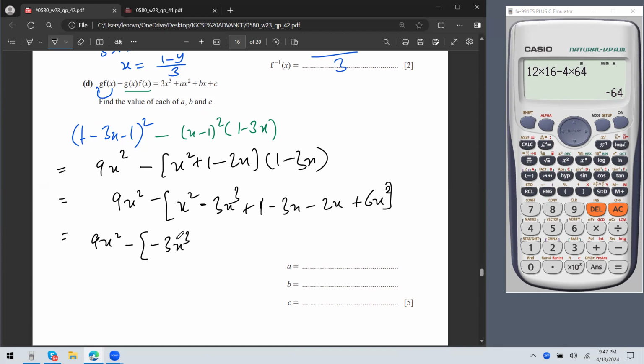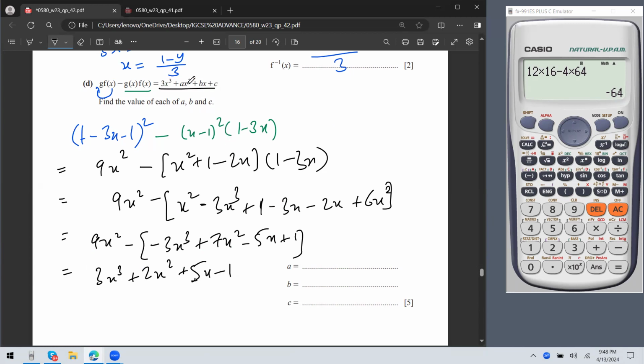Minus 2x cubed, 7x squared, minus 5x, plus 1. Minus 1. So this should be the answer.